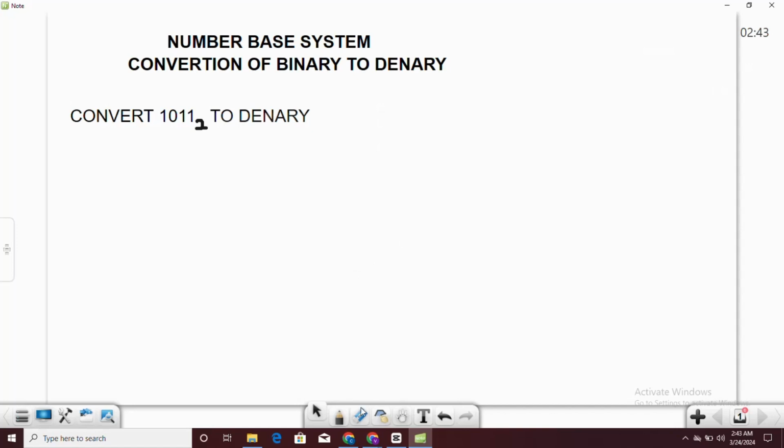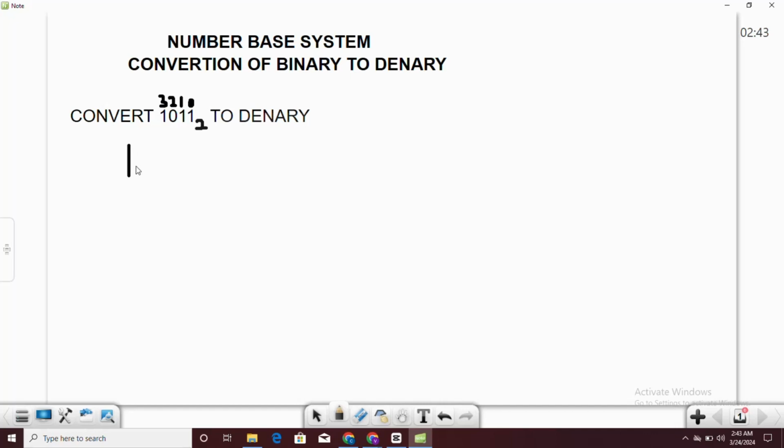In a simple way, first thing I want us to do is put raised to power for each of these numbers. So we have 4 numbers there, 1 0 1 1. I'm going to start with 0 right here, then 1, 2, 3.